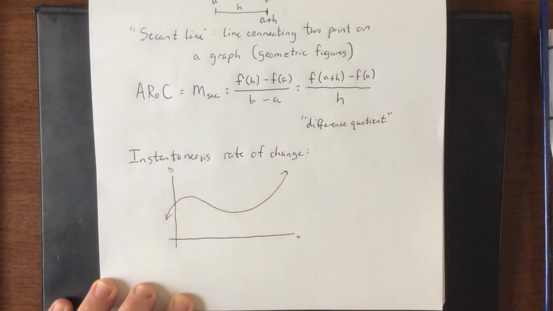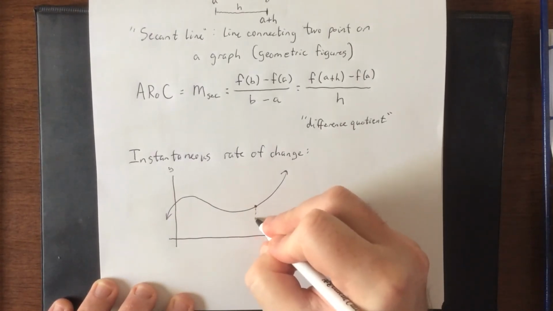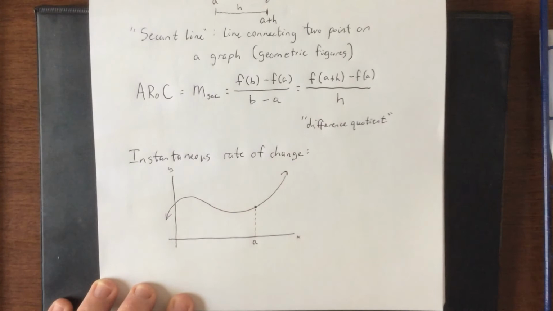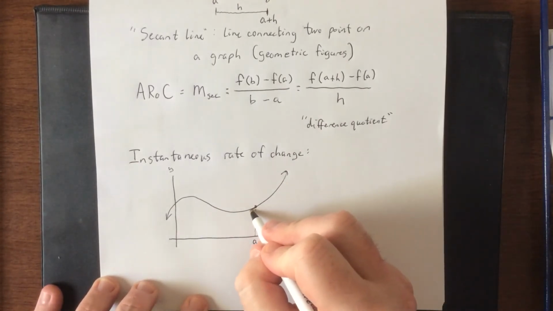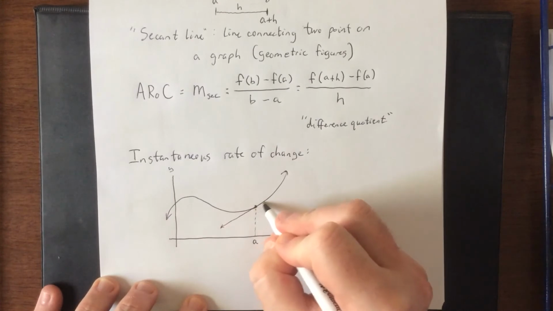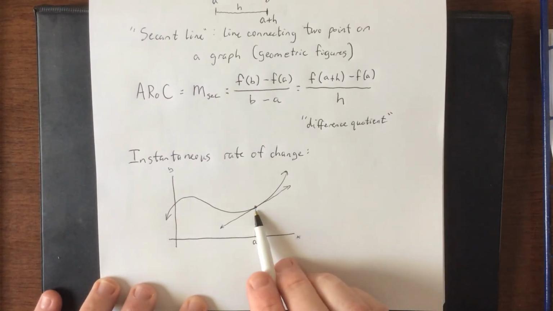So for an instantaneous rate of change, we need only 1 point. We're going to refer to that 1 point as A. Now, what we would need is this for a rate of change. We don't use 2 points to define this line, we simply use 1 point.